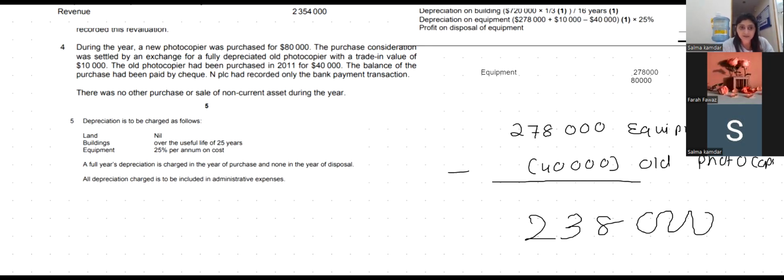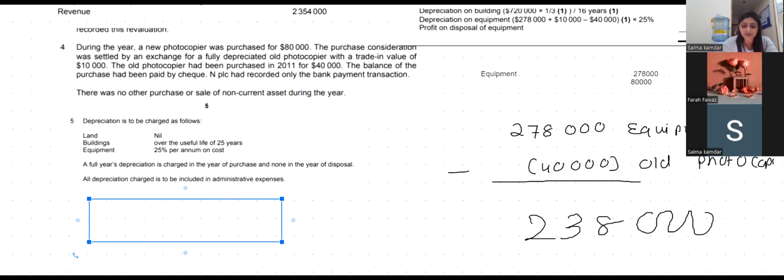Did they give 10,000 or did they save 10,000? See, they are giving an old machine and they are buying a new machine. They are giving the old machine and buying new machine.